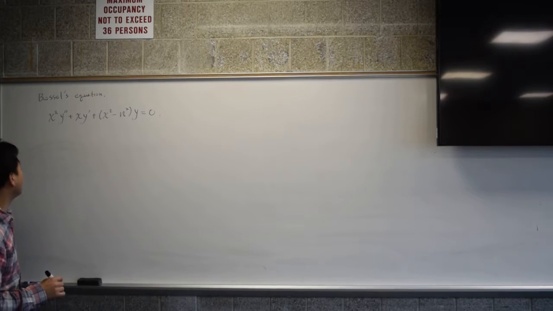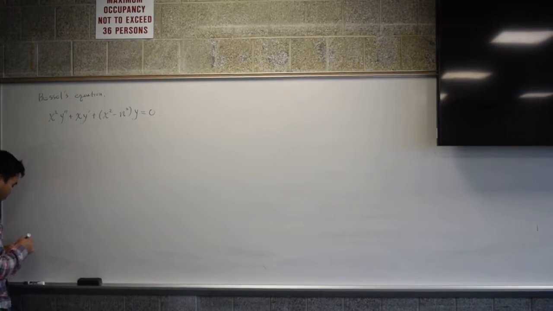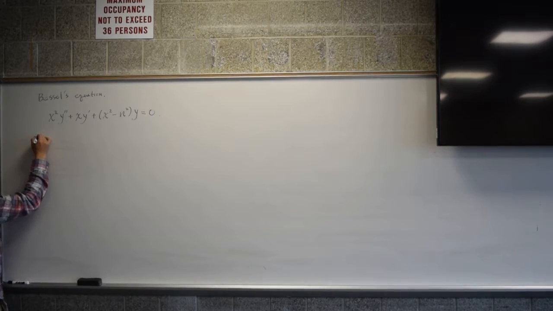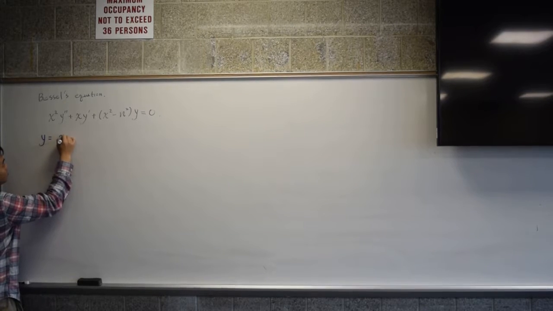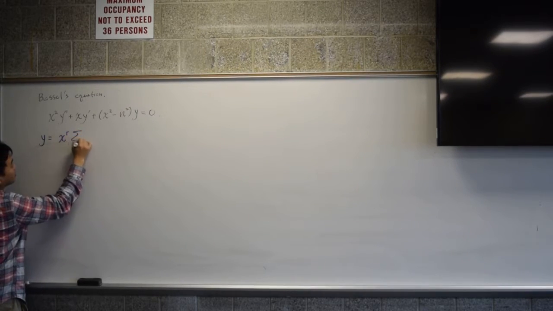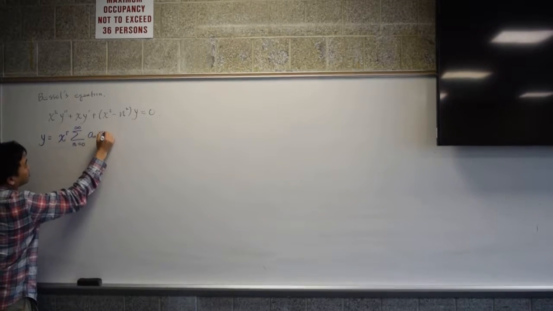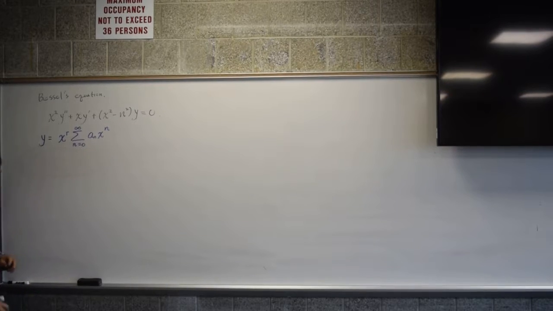Rather, you have a solution in the form of Frobenius, which we say y equals x to the r sigma n equals 0 to infinity of an x to the n.